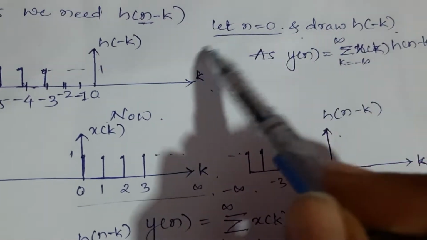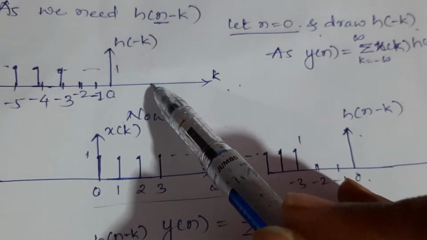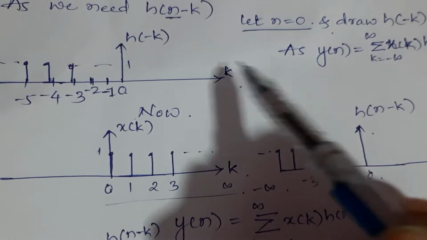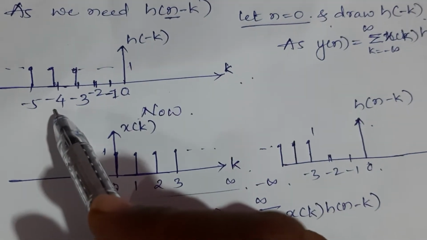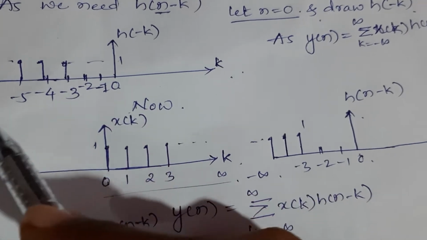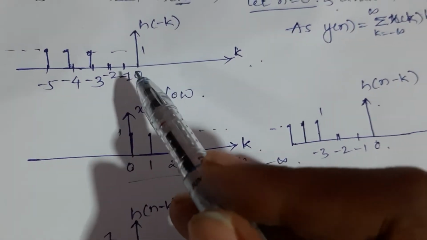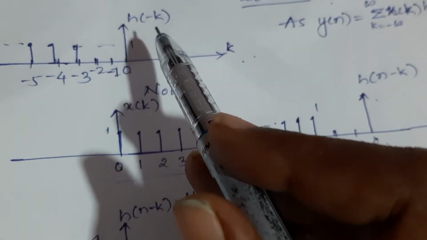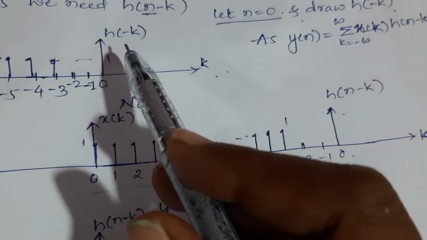So h of minus k is nothing but the reversed version. So the signal was starting from 3 to infinity. Just when we fold it, when we reverse it, it runs from minus infinity to minus 3. So this will be h of n minus k signal with n equal to 0.